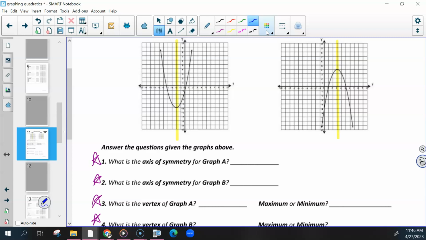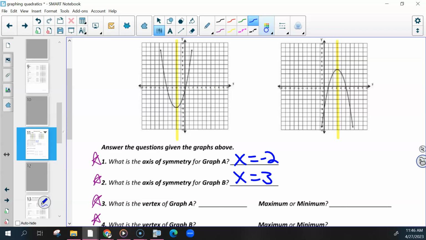Negative 2. So the axis of symmetry would be x equals negative 2. What about for graph B? Positive 3, so x equals 3. Right?